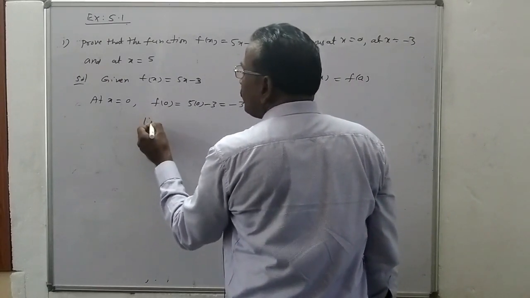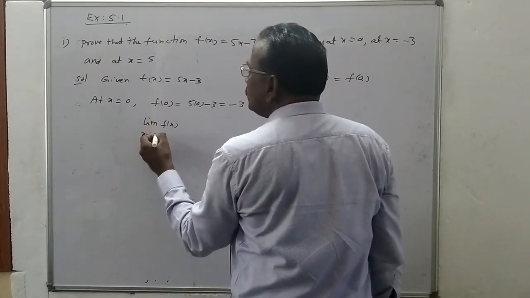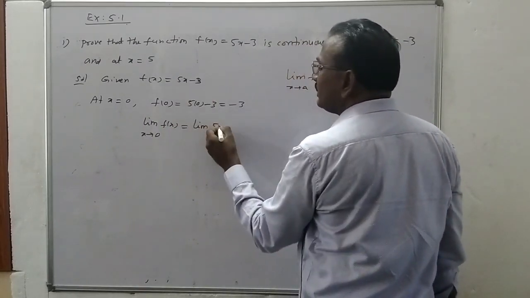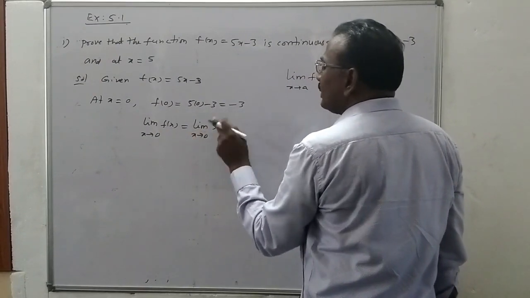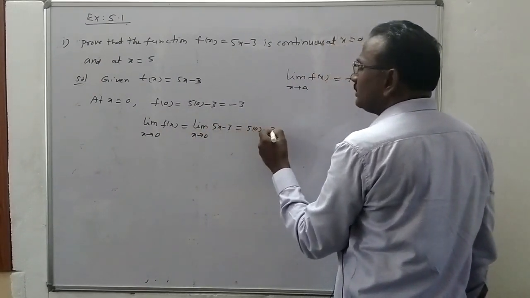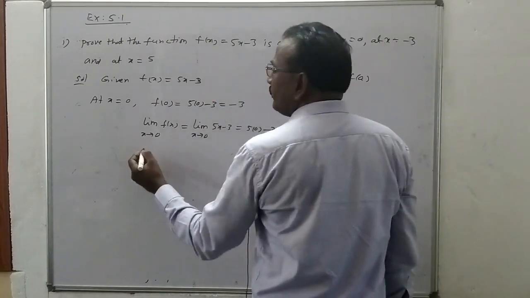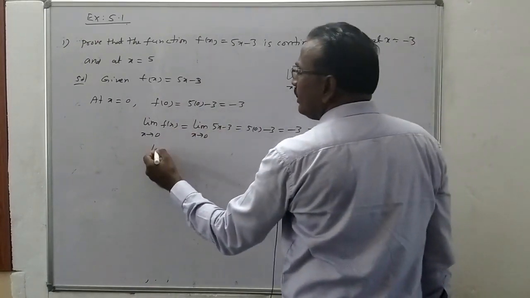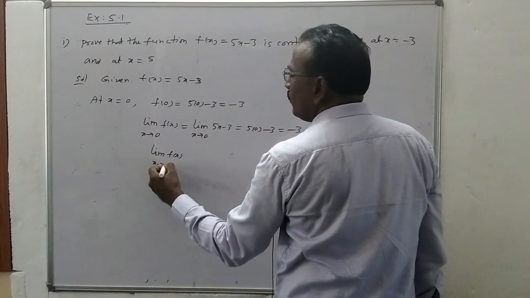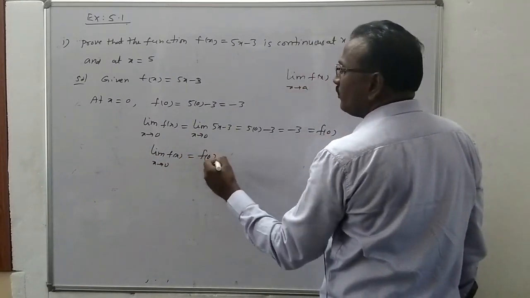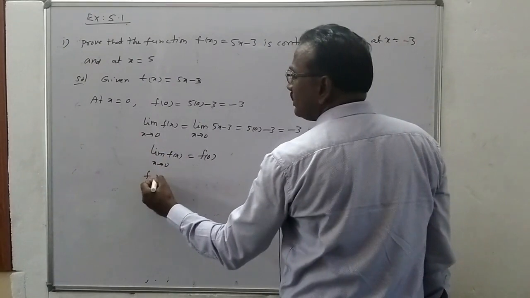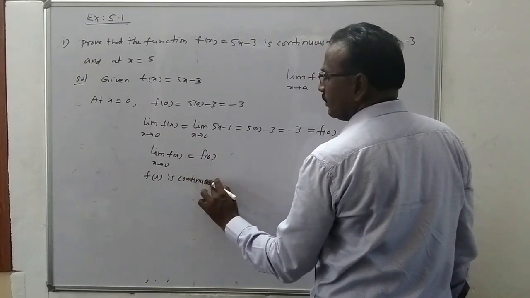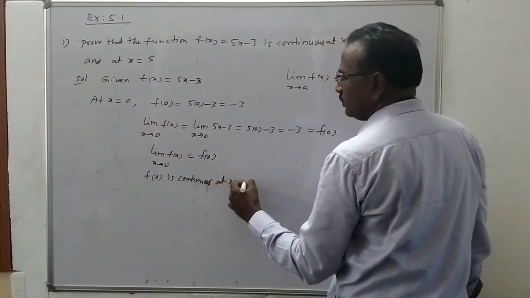Now the limit of f of x as x tends to 0: put x is equal to 0 in 5x minus 3, that is 5 into 0 minus 3, which is also minus 3. So minus 3 is the same as f of 0. Therefore the limit of f of x as x tends to 0 is f of 0, so by the definition of continuous function, f of x is continuous at x is equal to 0.